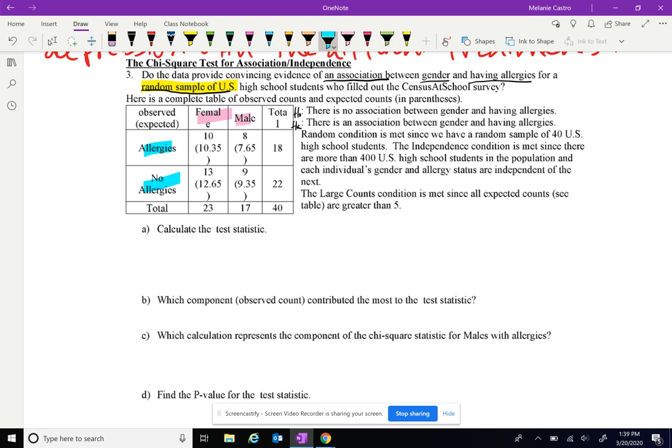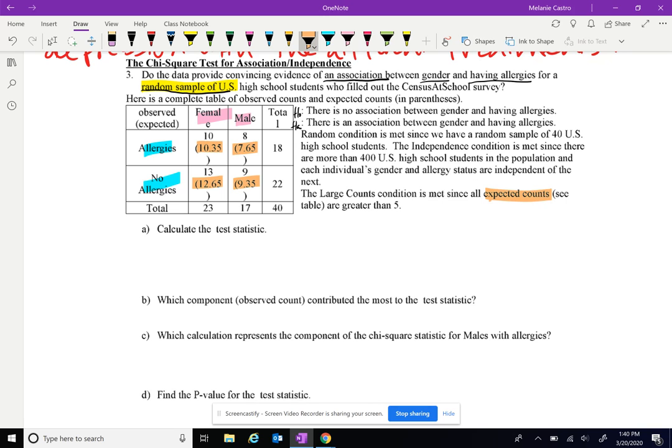Here we have the random condition is met since they said that you had a random sample of 40. The independence condition was met since there are more than 400 U.S. high school students, and each individual's gender and allergy status are independent of the next. Law of large counts, they already gave us all of our expected counts in that table. That makes our life a lot easier. So if we're looking at those expected counts, they're in those little parentheses there.